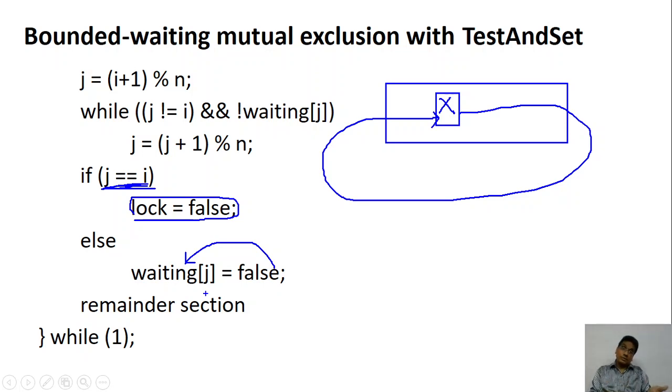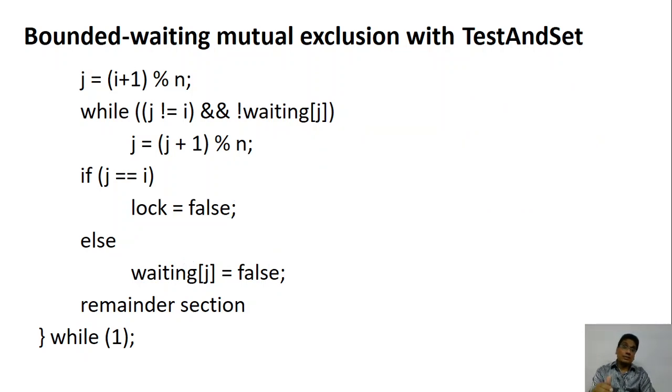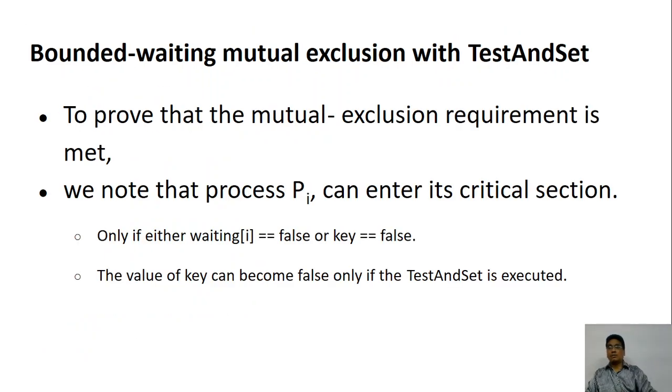You go to one person: no, I was waiting from that time. Okay, don't wait now, enter into the critical section. So in other words, you give it to the others. How many will you go through? Maximum is n. If you are waiting, your chance will come after the nth turn. So there is a bound on how long you have to wait.